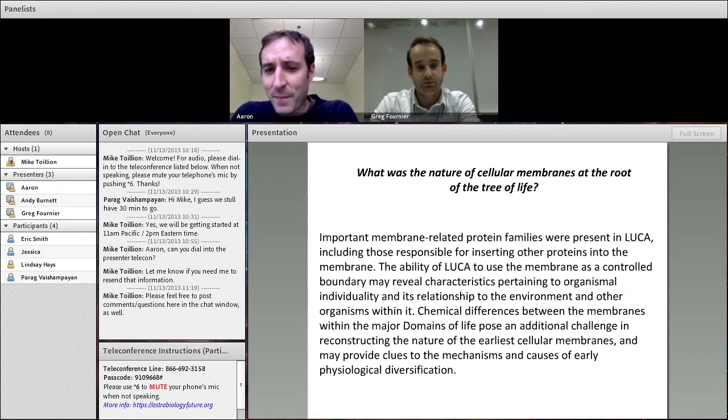But we know, for example, that the signal recognition particle, which is responsible for moving proteins into membranes, was not only present in the last universal common ancestor, but consists of two paralogs that were present in the last universal common ancestor. So we think that this is an area where we could use ancestral genome reconstruction to inform a better understanding of cellularity at the time of the last universal common ancestor and the relationship of the organism to the external environment.